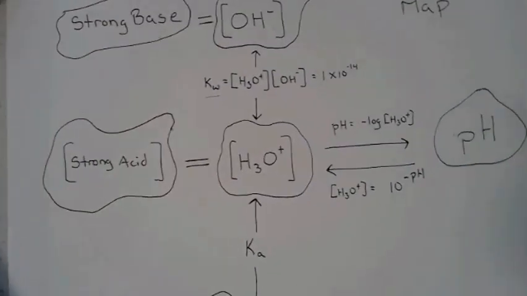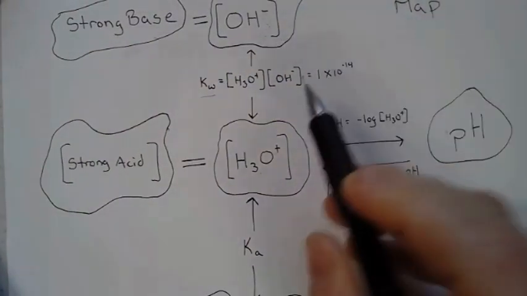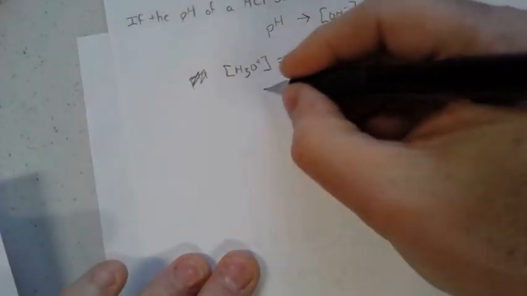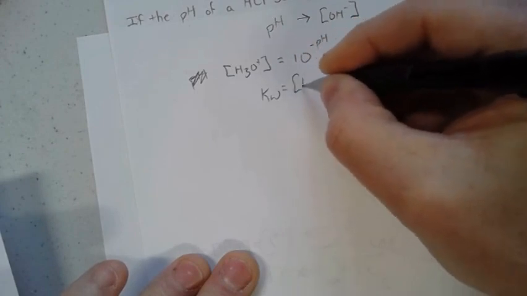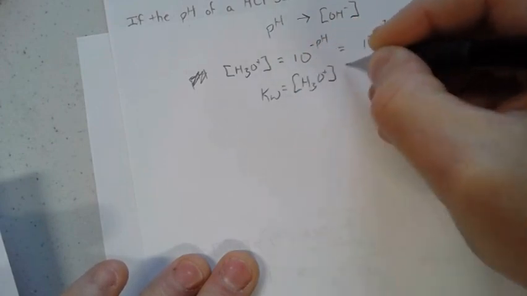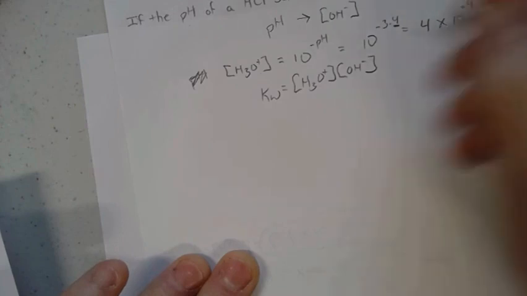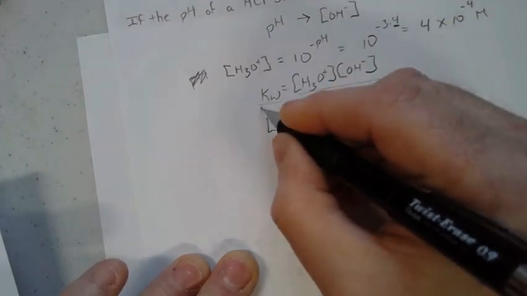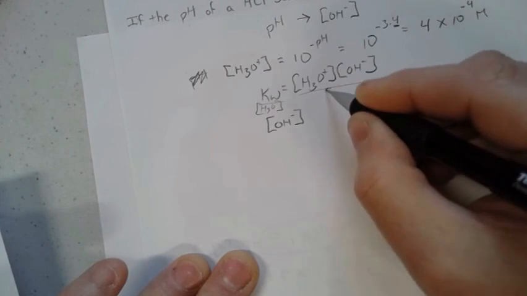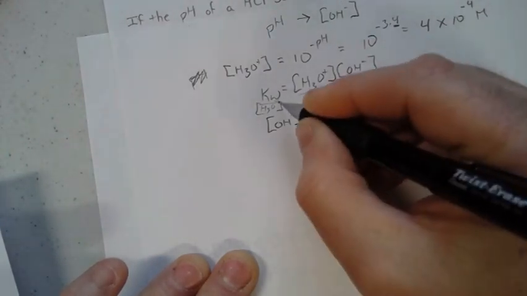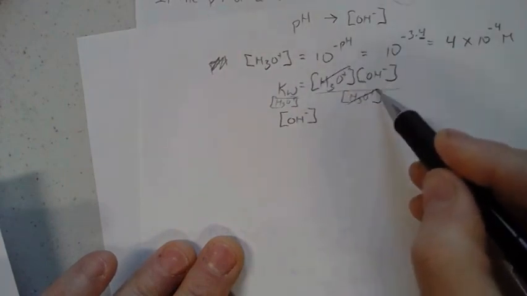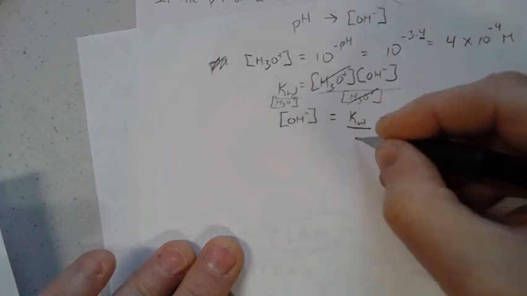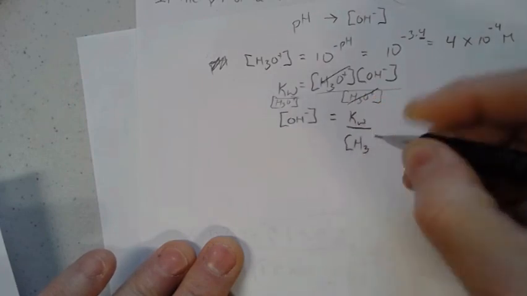My last step, now that I have hydronium, I'm trying to get hydroxide. I use the Kw equation to find the hydroxide. And remember, since Kw is equal to hydronium times hydroxide, if I want to find hydroxide, I would divide both sides by hydronium. Okay? And therefore, those cancel out. Hydroxide is equal to Kw over the concentration of hydronium.